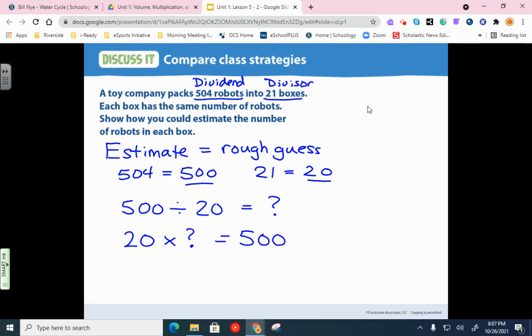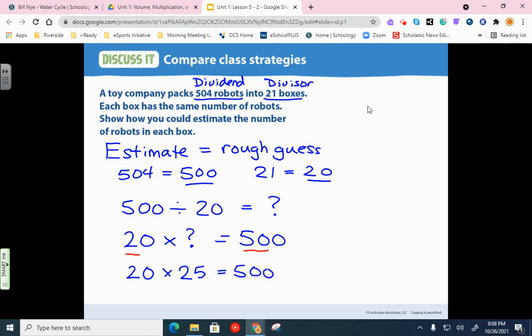Let's look at this 2, then underline the 50. When we multiply by 2, we're doubling something. So let's think about what half of 50 is. We know half of 50 is 25. So let's go with 20 times 25 equals 500.